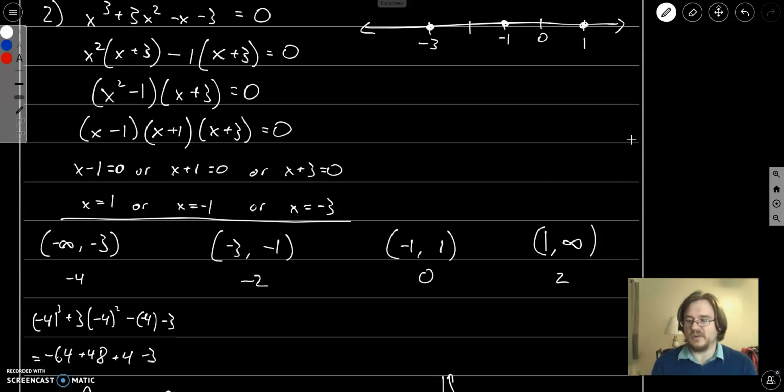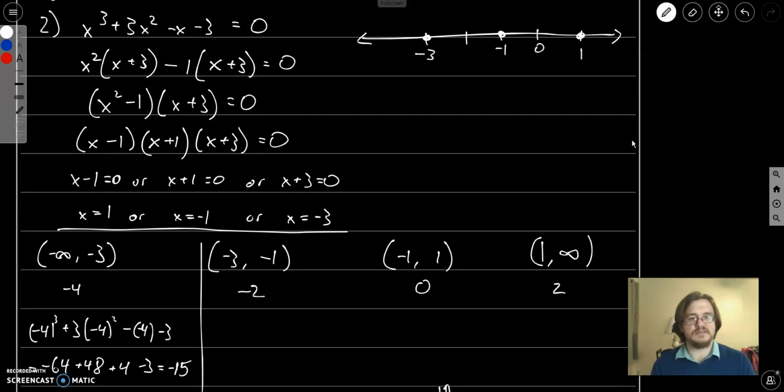So negative 64 plus 48 is negative 16. Plus 4 is negative 12. Minus 3 is negative 15, which is certainly negative. So to the left here is going to be negative numbers.